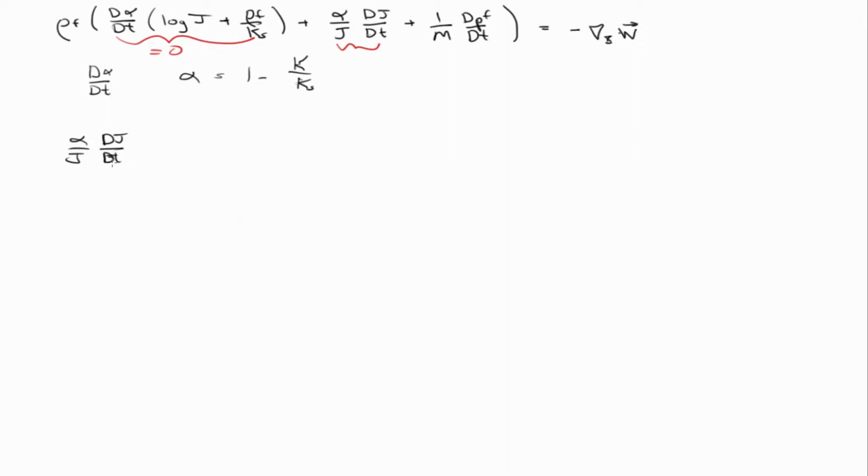Let's look at the material time derivative of J. Of course J is rho 0, the initial density, over the density, right? So if I multiply both sides through by the density, and of course this is the density of the fluid, but for these manipulations I'm just going to leave the subscripts off. So we have this thing.